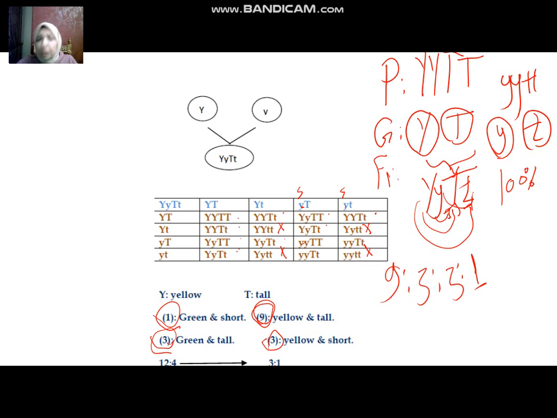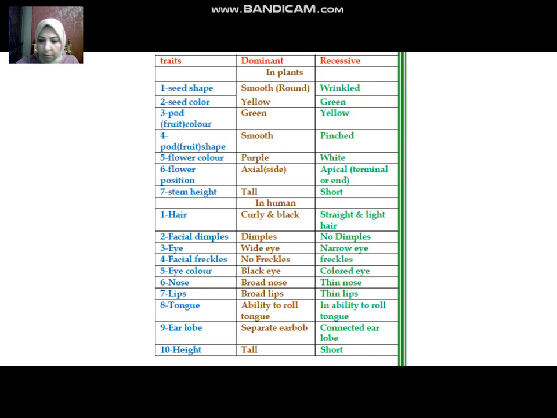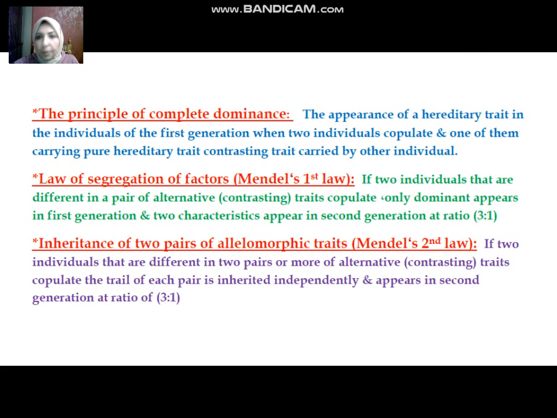Okay, what is the concept of Mendel's second law now? Okay, this is Mendel's second law. If 2 individuals that are different, not in a pair of contrasting traits, but in 2 pairs or more of contrasting traits copulate, the trait of each pair is inherited independently.